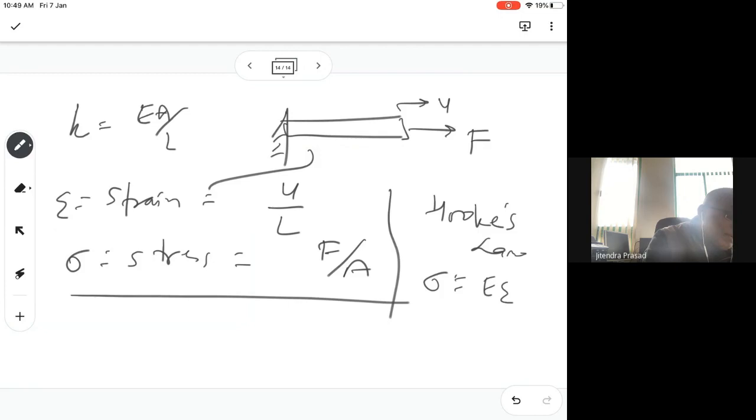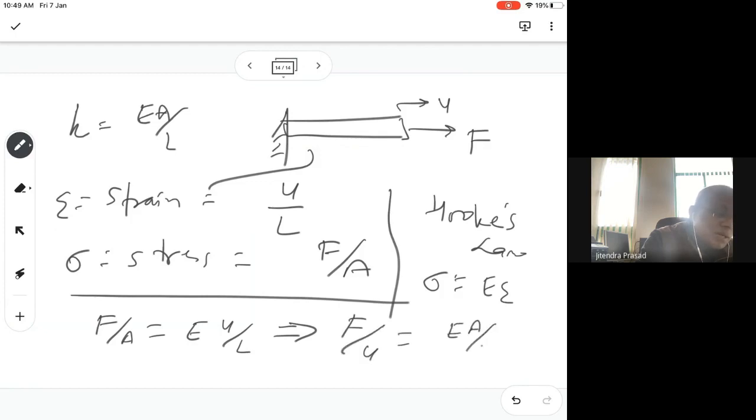That tells us sigma equals F over A equals E times U over L. And then it means F over U is equal to EA over L. The force per unit displacement is equal to EA over L, and this force per unit displacement is nothing but what is called K. So K equals EA over L.